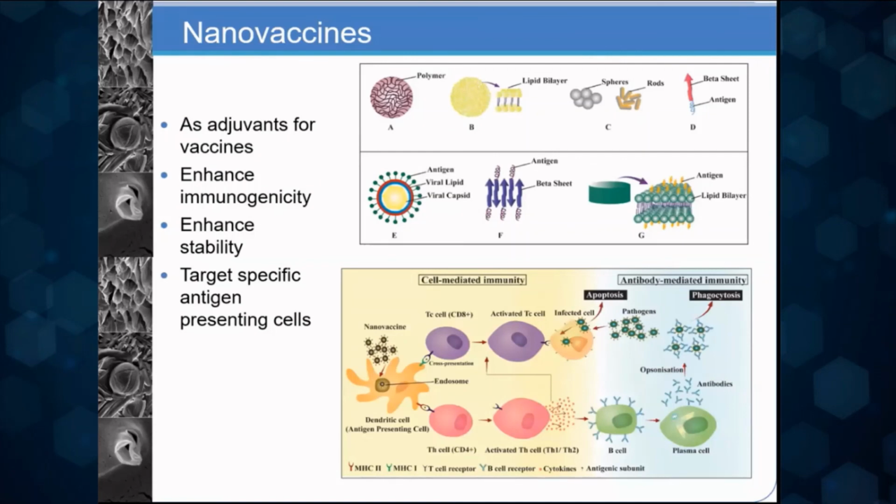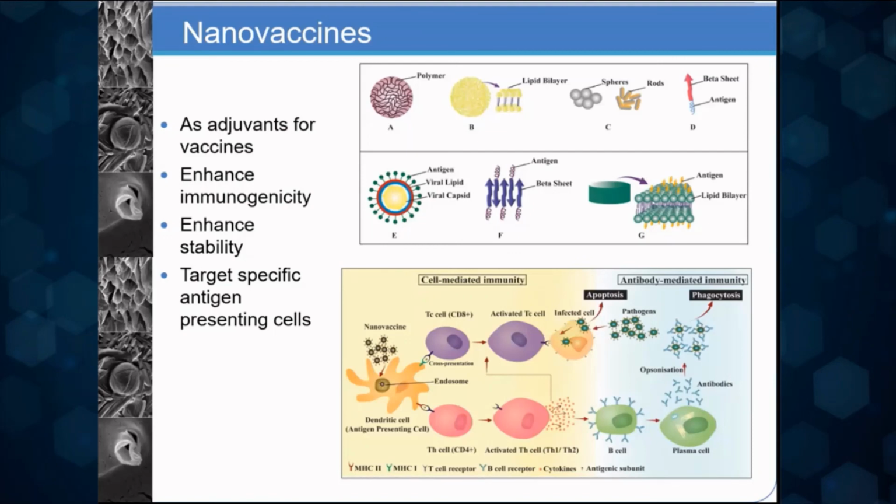The last point that I'll mention is that apart from drugs, there is now a lot of interest also to utilize the adjuvant properties of many of these biomaterials, and these can then be used for vaccine delivery.